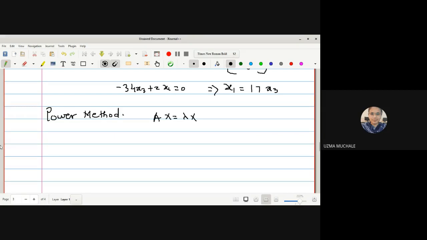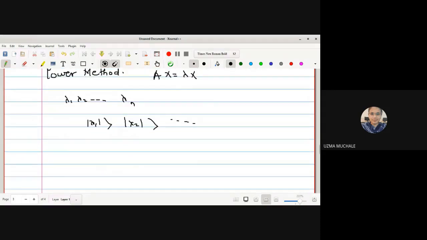If we have any n cross n matrix, suppose we have n different eigenvalues of the form lambda 1 greater than lambda 2 greater than and so on. Suppose we want to find the largest eigenvalue of this square matrix. For this, what is the corresponding eigenvector?